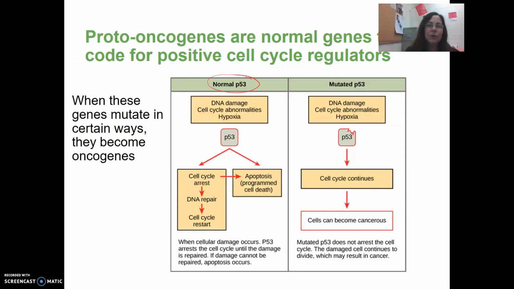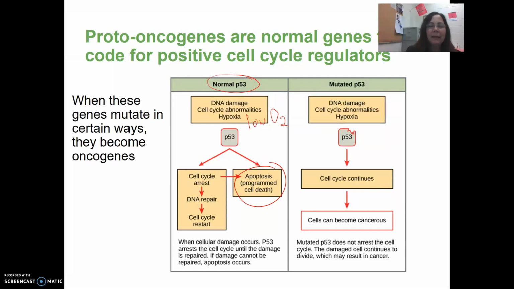So in the normal situation, with DNA damage, cell cycle abnormalities, or hypoxia, that is low oxygen, any of these conditions, P53 normally will lead to either programmed cell death called apoptosis, or it will cause the cell cycle to stop, the DNA to be repaired, and the cell cycle to start over.